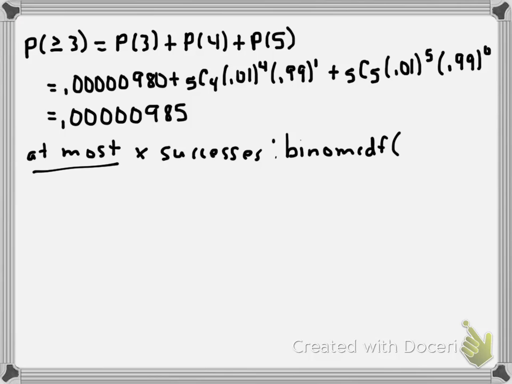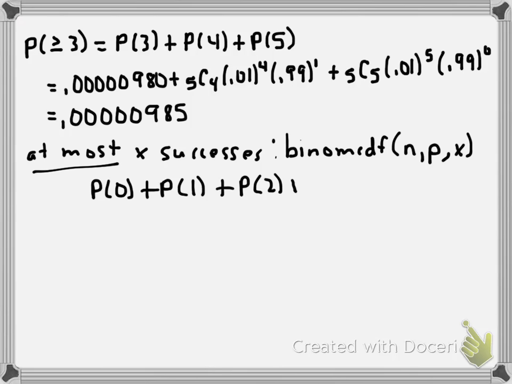In parentheses, we would need the number of trials, which is n, the probability of success, which is p, and the number of successes, which is x. So when we use CDF rather than PDF, it actually finds the probability of 0 plus the probability of 1 plus the probability of 2, all the way up to the probability of whatever x is.